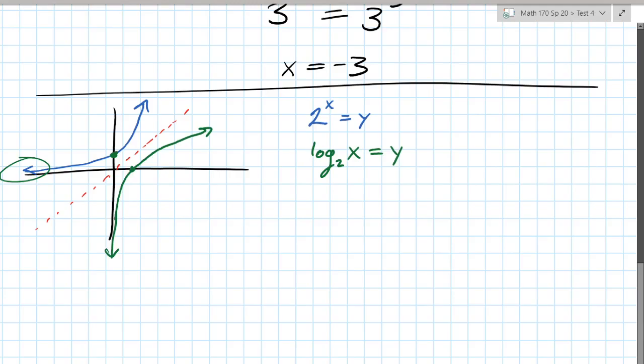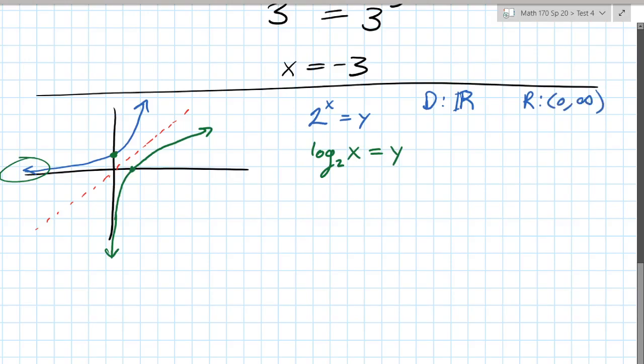What can we say about the domain of the exponential equation? It is all real numbers. What can we say about the range of the exponential equation? Well, those y values that we can use are from 0 to positive infinity.